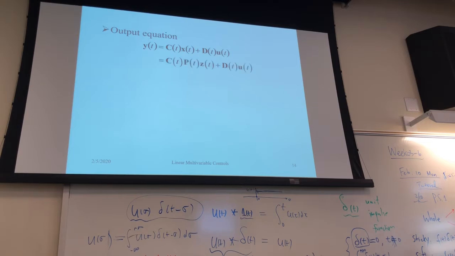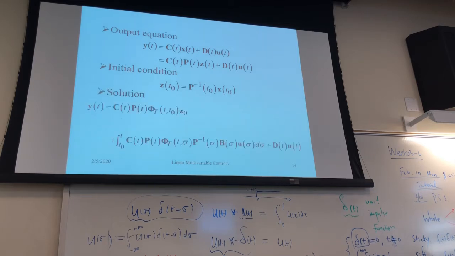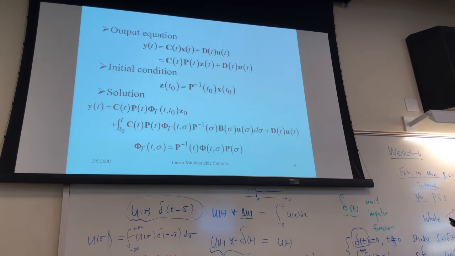The output equation you can write the same. x is Pz, so we can write y is CPz plus Du. The initial condition should also be transformed like that. So the final solution, you can write it this way. It looks complicated but it's actually simple. So this is the state transition matrix for z. The output equation will give you this one, CPz and Du.